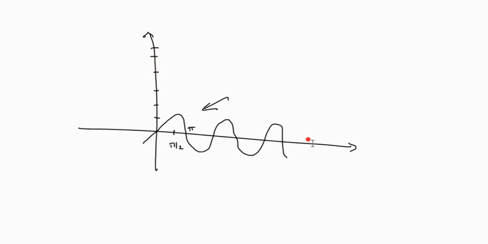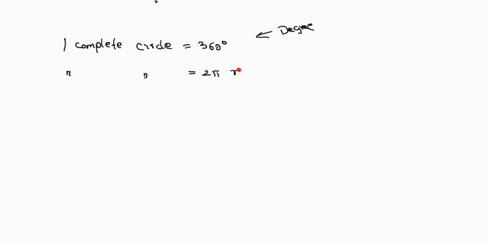Okay, so we have seen that one complete circle is divided into 360 degrees in terms of degree, and similarly one complete circle is divided into 2 pi radian in terms of radian.